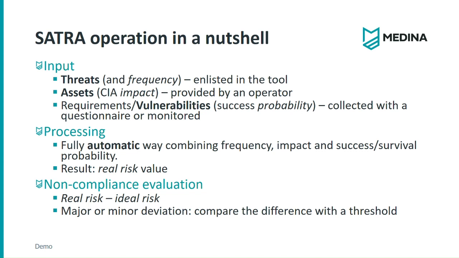The difference is then compared with the threshold. If the difference is higher than the threshold, we say that the deviation is too high and we have major non-compliance. If it is lower, then we say it's minor, and now it is up to the auditor to decide how to deal with that.